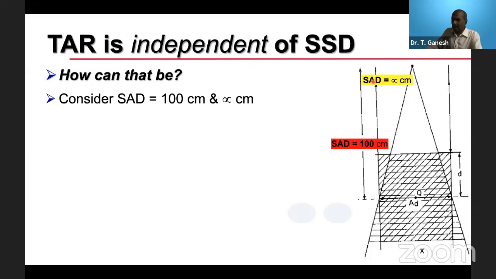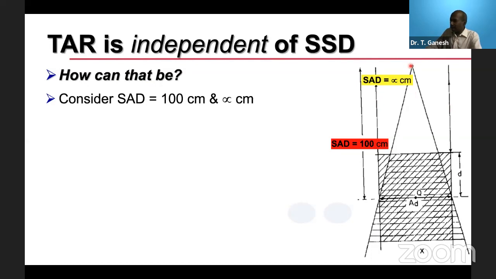On the other hand, when the source is located at an infinite distance from the phantom, that means there is no more any divergence, because at infinite distance the rays become parallel. You cannot notice the divergence. That is why the edges here are straight like this. So for the infinite beam, the edges are straight.